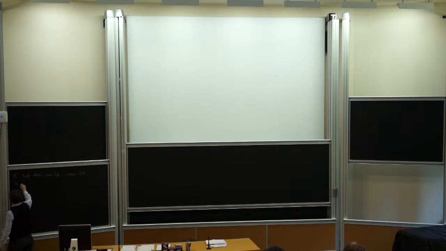K is a fixed imaginary quadratic field. Okay, and then we have the local factor of the functional equation, and this defines these P numbers.